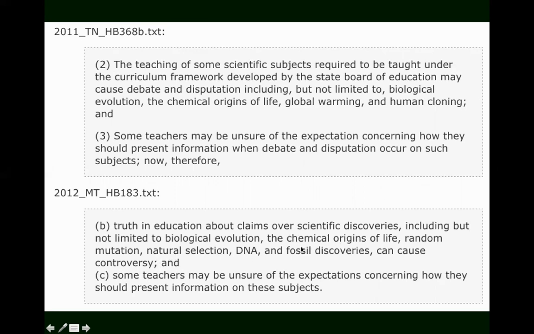If you were coding this up, you'd say there's a shared characteristic here. They both mention the term biological evolution. They both mention chemical origins of life. And then there are some new changes. The second bill mentions random mutation, natural selection, and DNA. So these are traits found in the second bill, but not in the first one. By coding up these words, it was always a specific phrase, basically a specific, objectively describable characteristic of a particular bill that I put in.